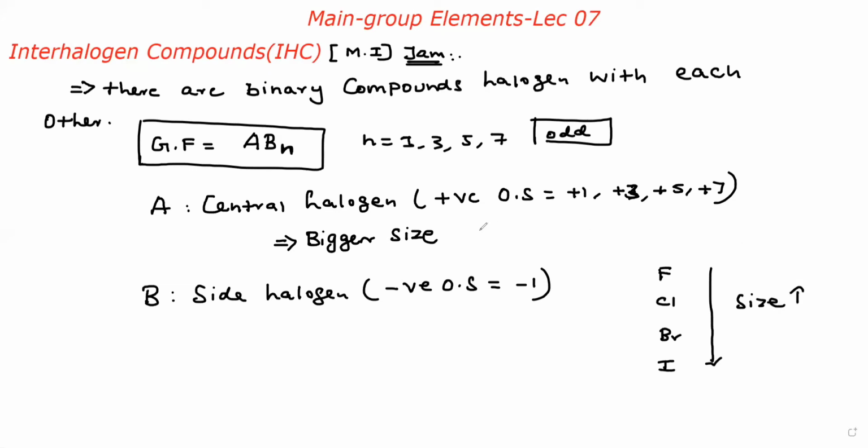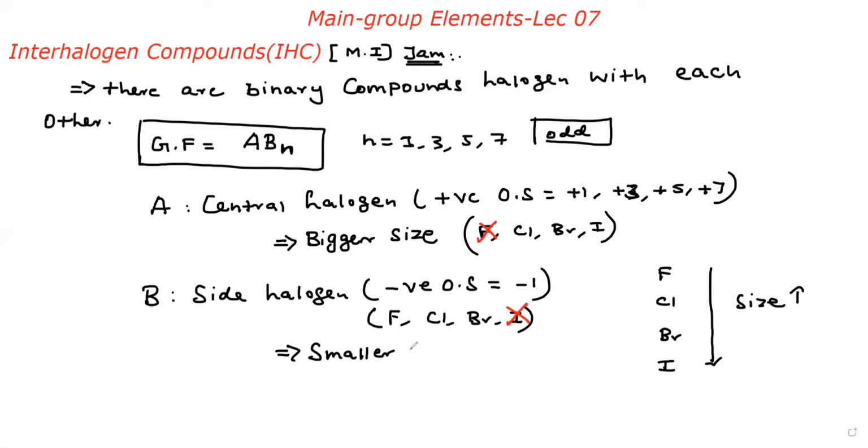Therefore, among these four halogens, fluorine can never act as the central halogen because it is smaller in size. Similarly, in case of side halogen, listen, iodine can never act as a side halogen because the side halogen should always be smaller in size.